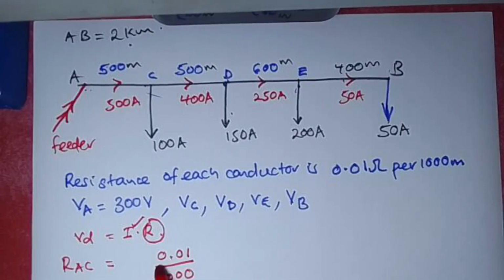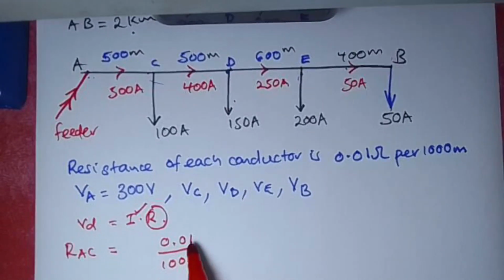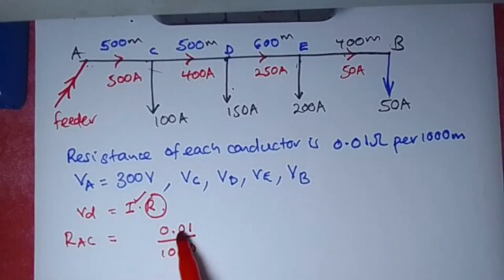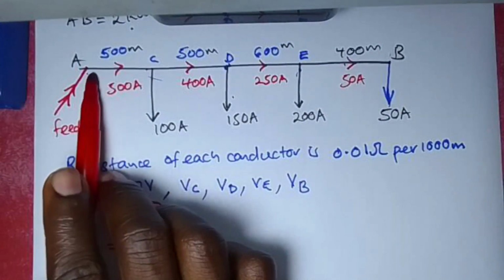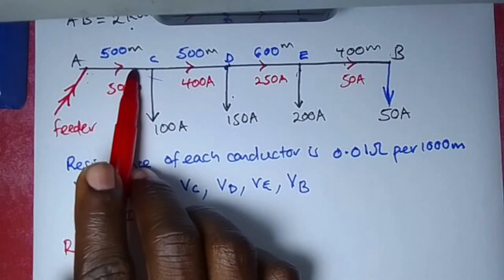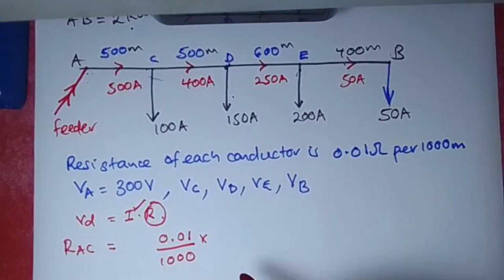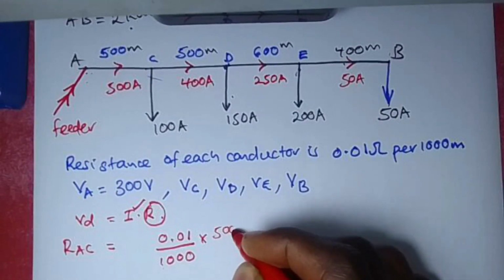This is representing my per. So this is 0.01 per 1,000 meters, times the distance across this section. The distance across this section, from A to B, is 500 meters.